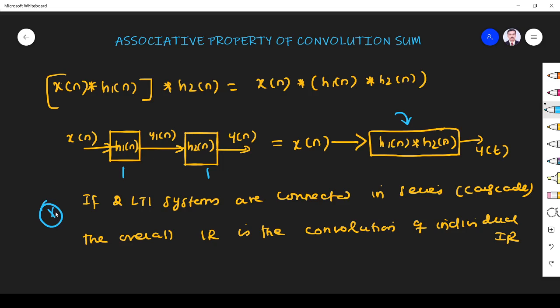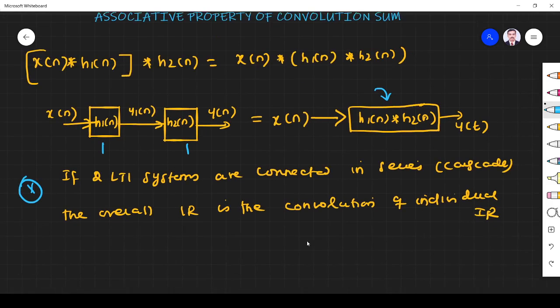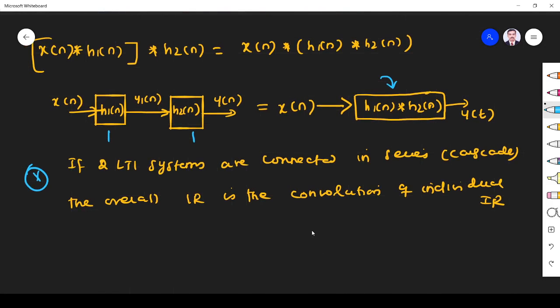So how are we going to prove this property? Proof. Let us assume that x[n] is the input and y1[n] is the output, related by the equation: the output y1[n] can be obtained by convolving x[n] with h1[n].